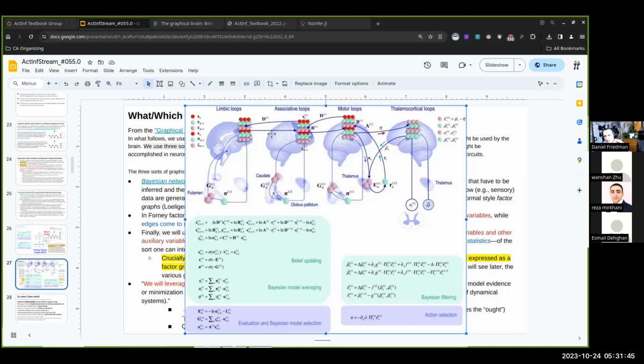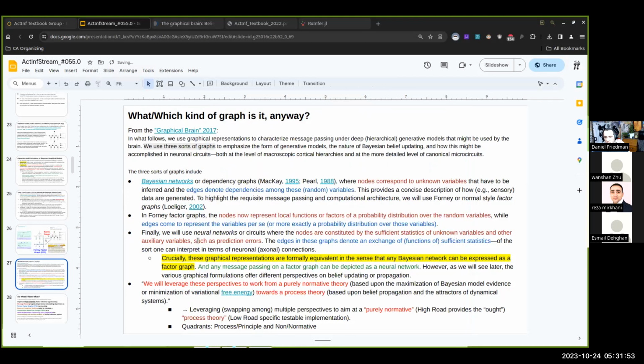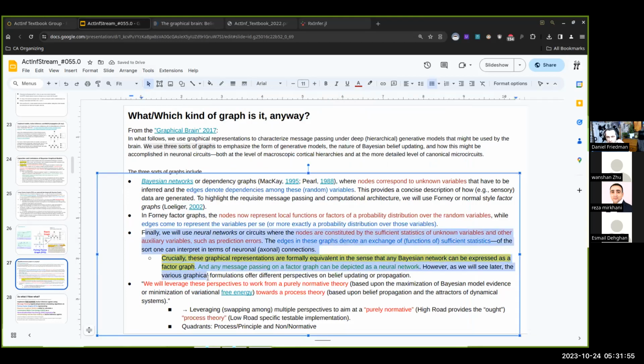But question one, what makes this different than just saying, well, it's a Bayes network with a neural semantics? I mean, don't the nodes as unknown variables already have an interpretation as sufficient statistics?